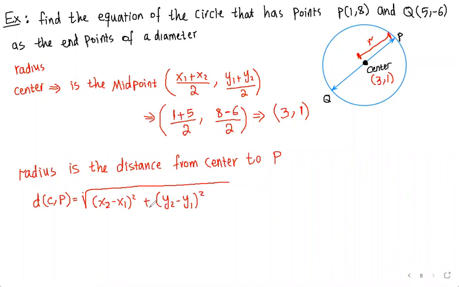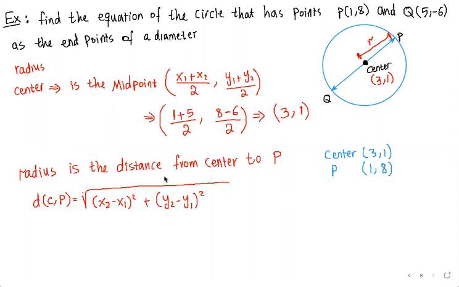Yes. So my points again, let me rewrite it. The center has 3 comma 1 and the point B has the point 1 comma 8. Okay, so this is my x1, y1, x2, y2.